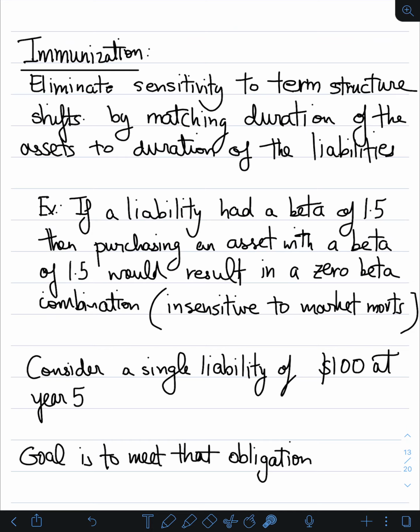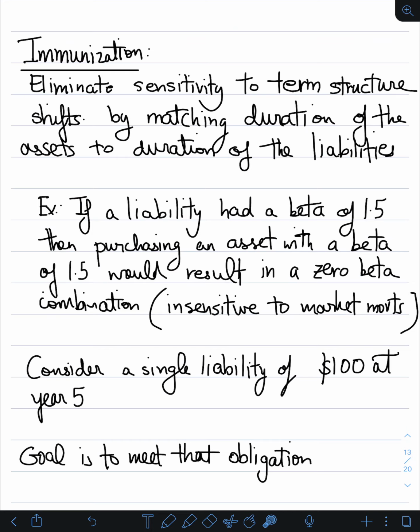So if you think of an analogous situation, an analogy right here, let's use beta. So we know that beta measures the sensitivity to the stock market. So if you had a liability with a beta of 1.5, that liability basically would be moving 1.5 times whatever the market does. Now, if you purchase an asset with a beta of 1.5, that would basically cancel each other out and result in a zero beta combination.